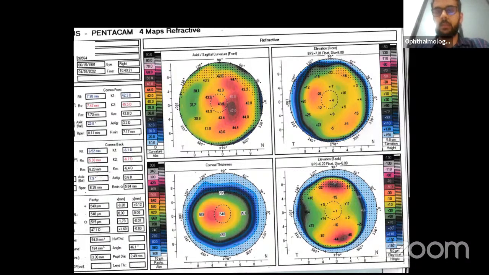which is the front elevation map. Front elevation map is about +4 in the center of the pupil, and superiorly it is +7, inferiorly +9.